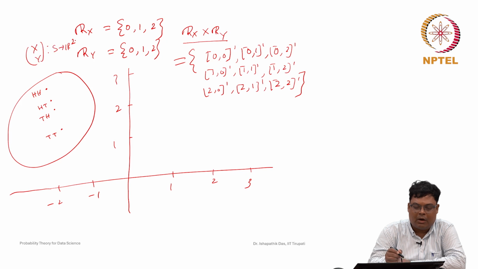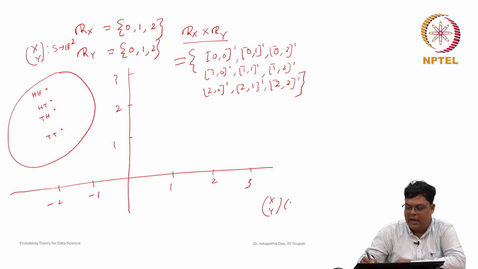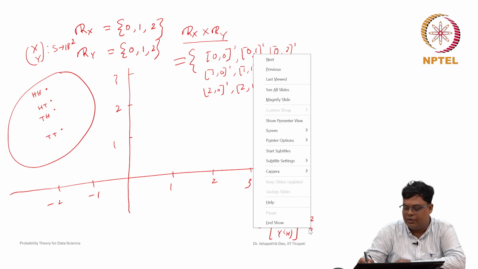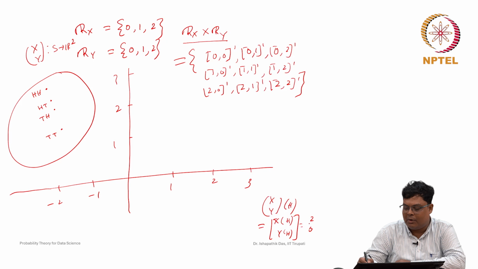how does it map? What is (X, Y) of head head? This is defined by X of head head, Y of head head. Sorry, just one minute, let us write it down again.